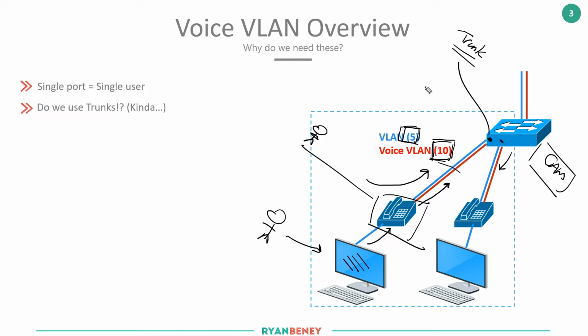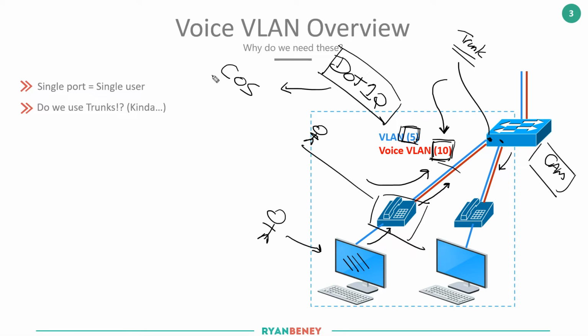And because we're tagging the voice VLAN, remember we've got the .1q header, and inside that header there are some extra bits, which can be used for something called class of service, which is quality of service at layer 2.